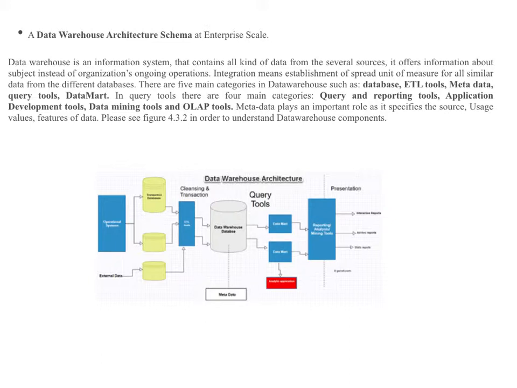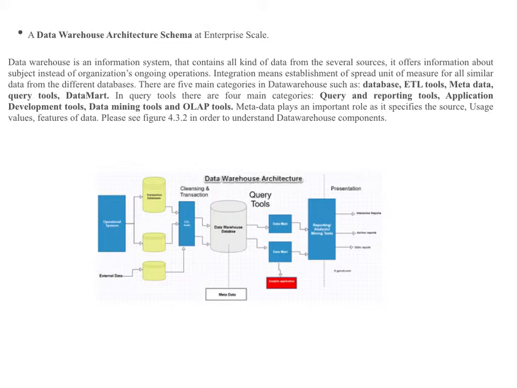There are 5 main categories in a data warehouse, such as database, ETL tools, metadata, query tools, and data mart. In query tools, there are 4 main categories: query and reporting tools, application development tools, data mining tools, and OLAP tools.